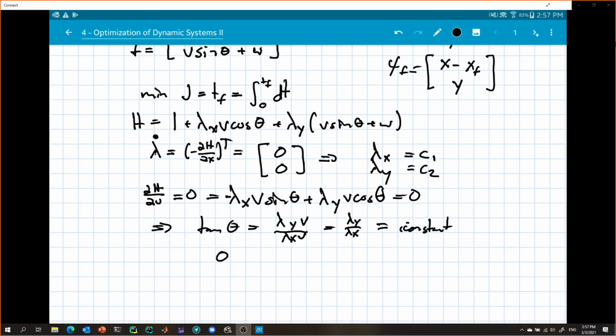So theta is equal to the arctangent of lambda y over lambda x. Say it's C3.